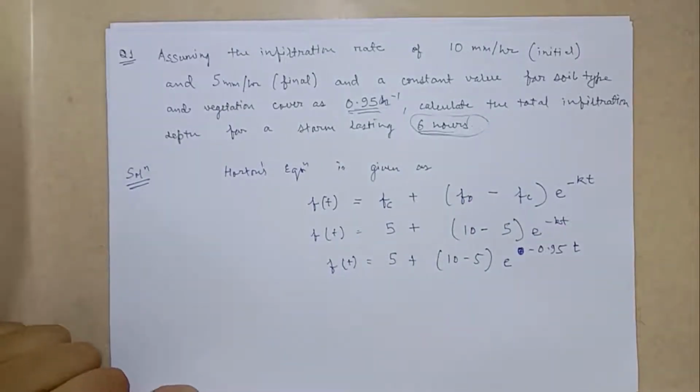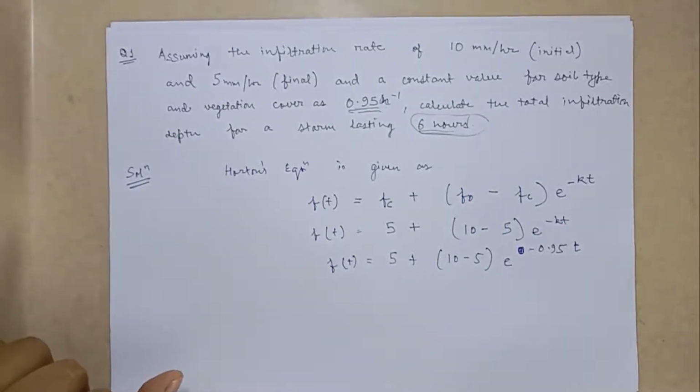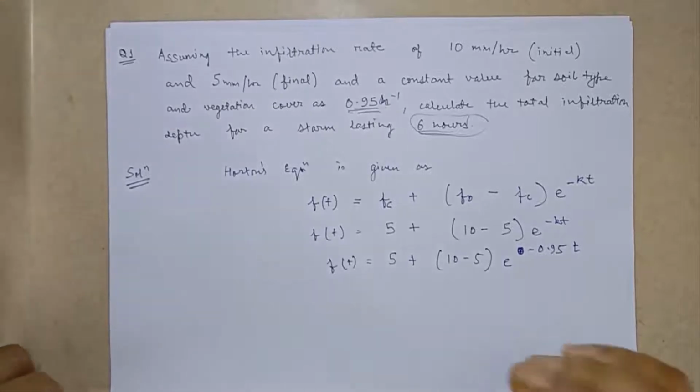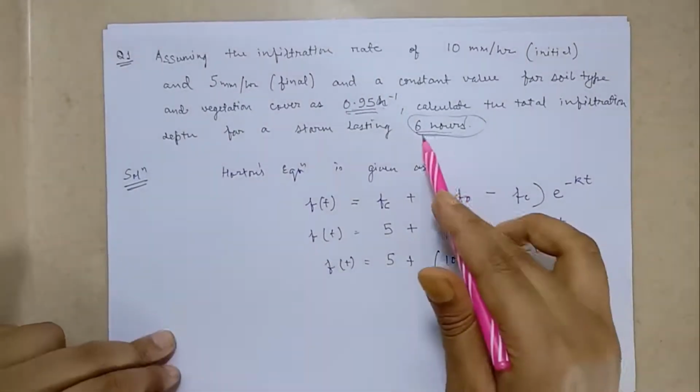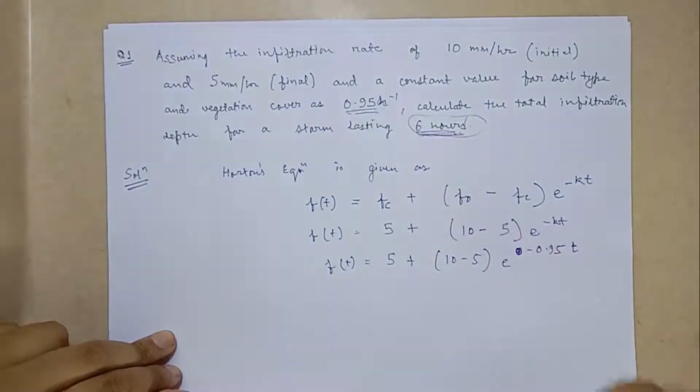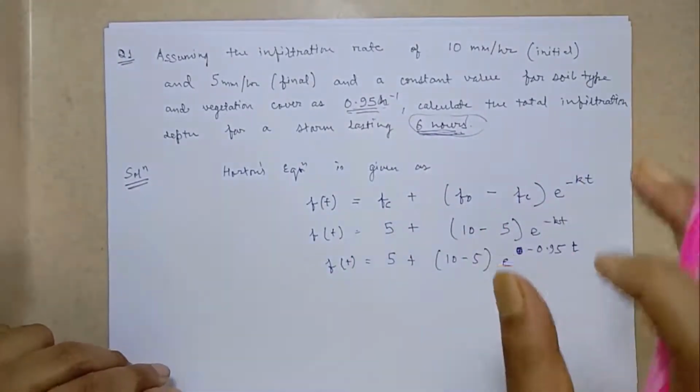What I will do is, as we had studied, we can also calculate the cumulative infiltration. They are asking for a storm of 6 hours, so every hour the infiltration happening will be cumulatively added.